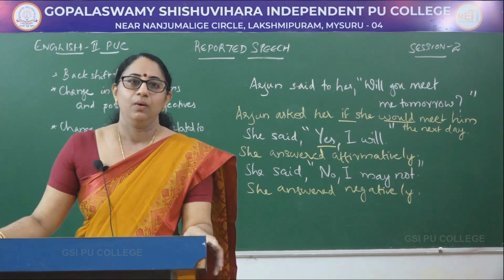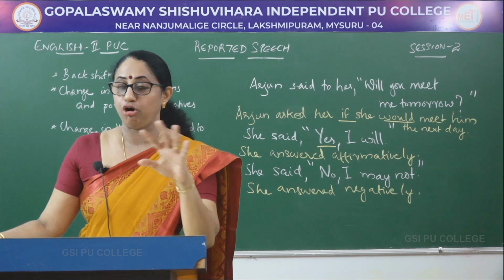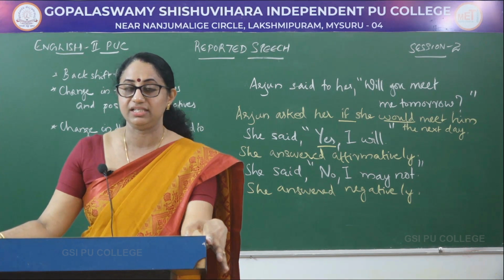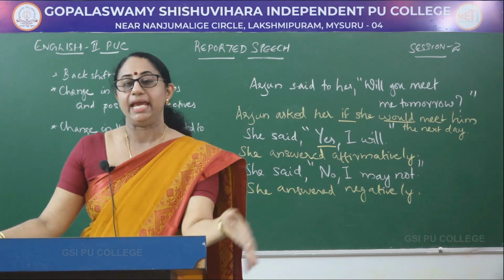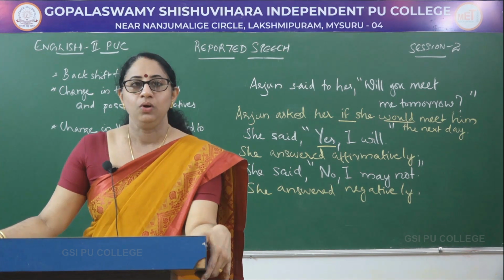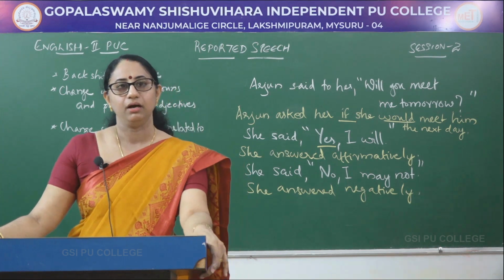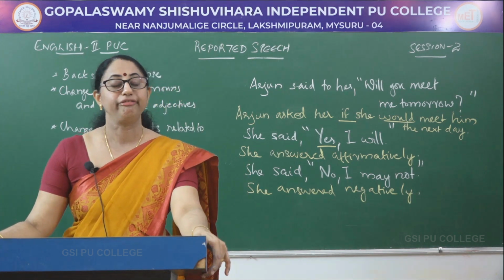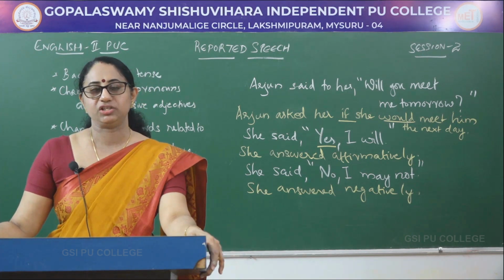So now we have seen all the rules. We have seen all four kinds of sentences and we have tried to convert those sentences from direct speech into indirect speech. Now, in your second PUC syllabus, you have this topic, reported speech, for 5 marks. You will be given 5 sentences.